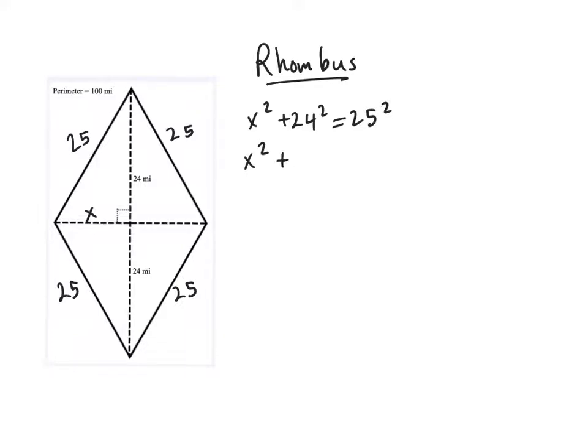X squared plus 576 is equal to 625. Subtracting 576 from each side, we get 49. Taking the square root of both sides, we see that x is 7.